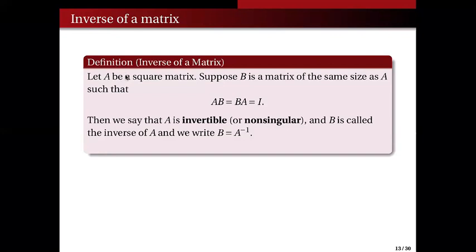If you started with B, then you also say that B is invertible and A is called the inverse of B. In fact, both matrices are invertible. If you have a square matrix A and another matrix B, the same size as A, satisfying this, then both matrices are invertible. Questions?